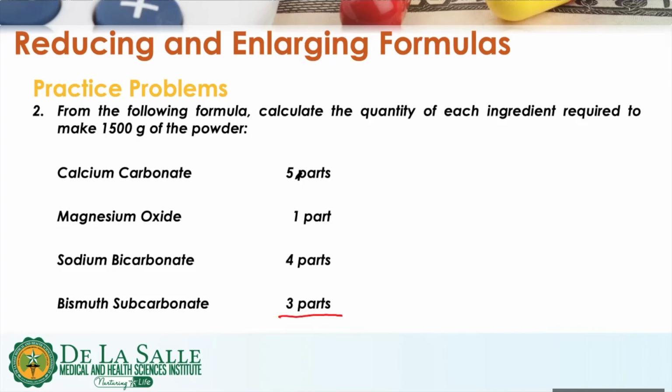So, 5 parts plus 1 part plus 4 parts plus 3 parts equal 13 parts of the mixture.